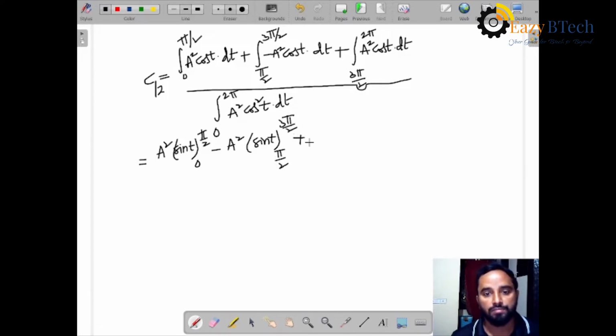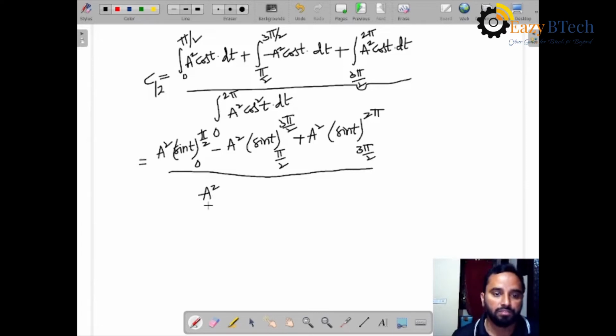Again a square, integration of cos t is sin t, with limits 3 pi by 2 to 2 pi, the whole divided by the integral of cos square t. We can write cos square theta as 1 plus cos 2 theta by 2, so a square by 2 times the integration from 0 to 2 pi of 1 plus cos 2t dt.